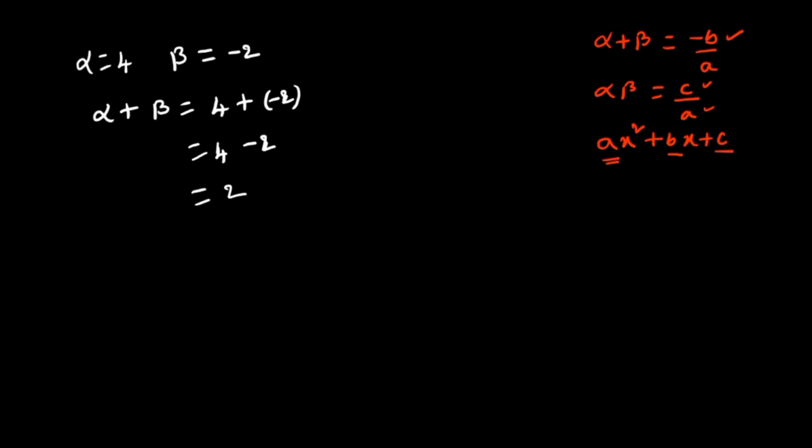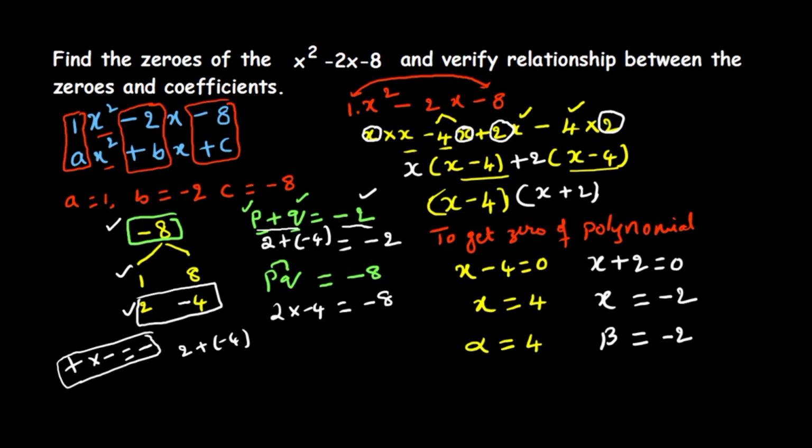Okay, so now this alpha plus beta, I want to write in the form of minus b by a. So what is b? Already we wrote here, b equals minus 2.